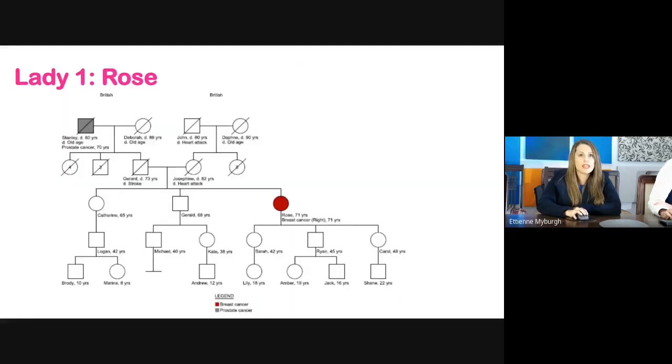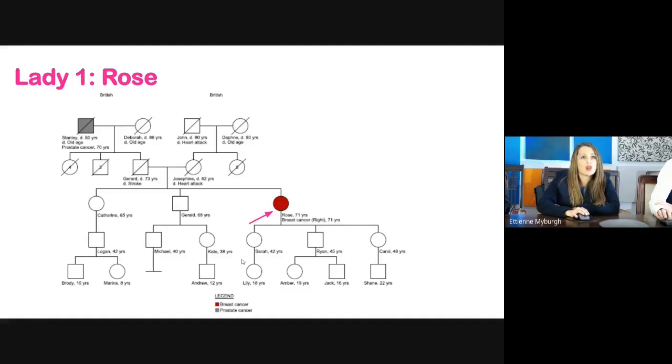So the first lady that I have, her name is Rose, and she developed breast cancer at the age of 71. We obviously discussed her family history, and you can see she's got quite a lot of family members. She's got one brother, one sister. She's even got quite a few grandchildren already.